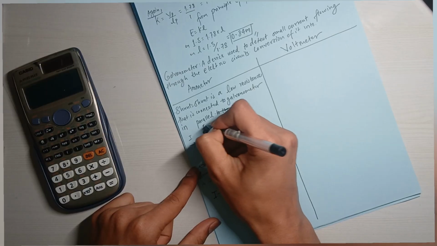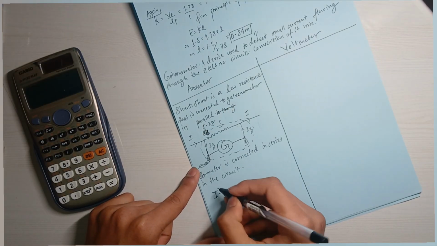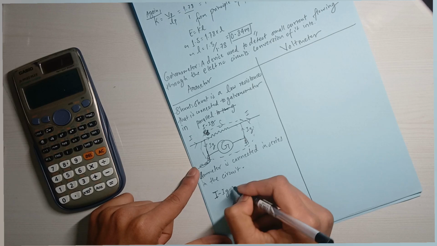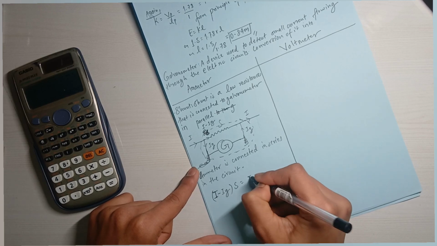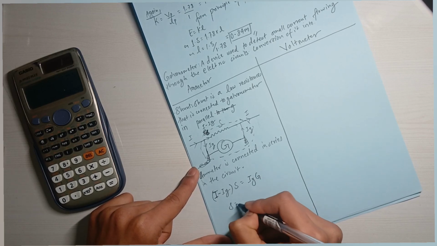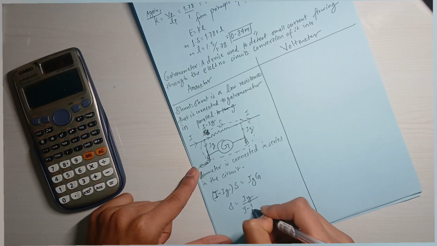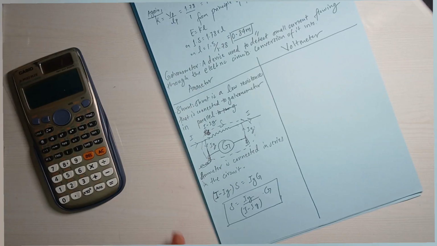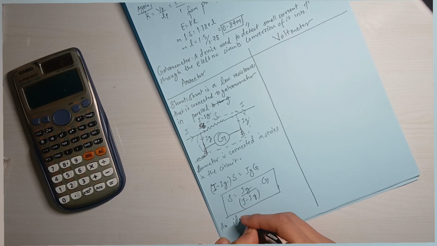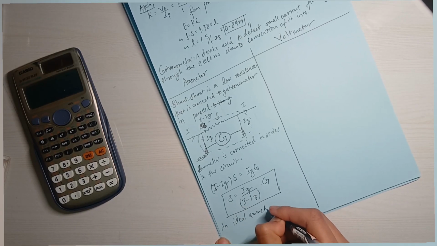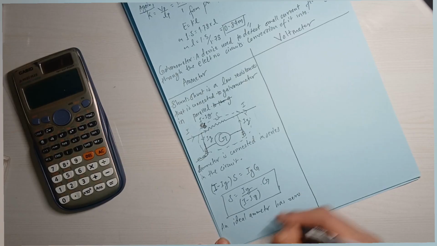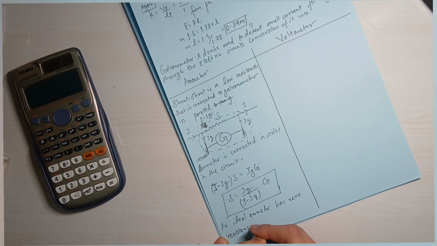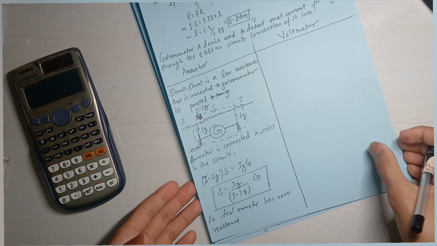So I minus Ig times S will be equal to Ig times G. If you find S, it will be Ig upon I minus Ig times G. This is the relation for it, and the device is also called an ideal ammeter, which has zero resistance. That is ammeter.